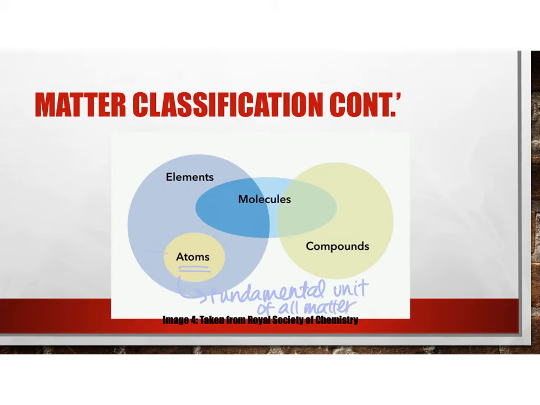All atoms are types of elements, which is why they're in the same circle. An element is a substance that cannot be chemically interconverted or broken down into a simpler substance. So, cannot be chemically simplified.